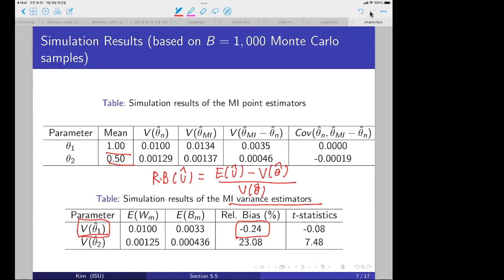Okay. So in this case, theta 1, no problem. We got a very small relative bias. But theta 2, we got 30% overestimation. So the test statistic for zero mean is significantly large. So what's going on?